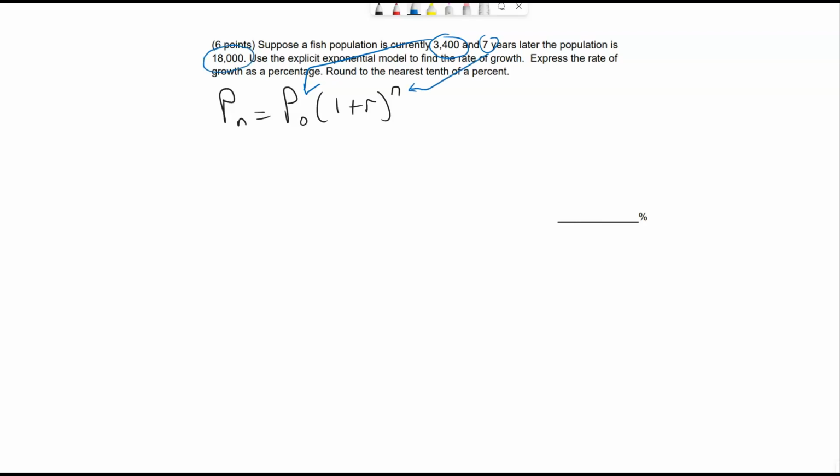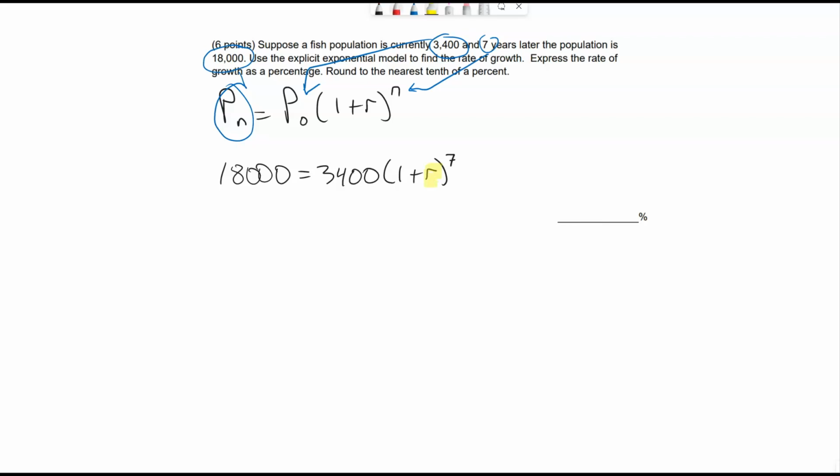And 18,000, that will replace the P sub n. This gives us a formula 18,000 equals 3,400 times 1 plus r to the 7. We now need to solve for r.